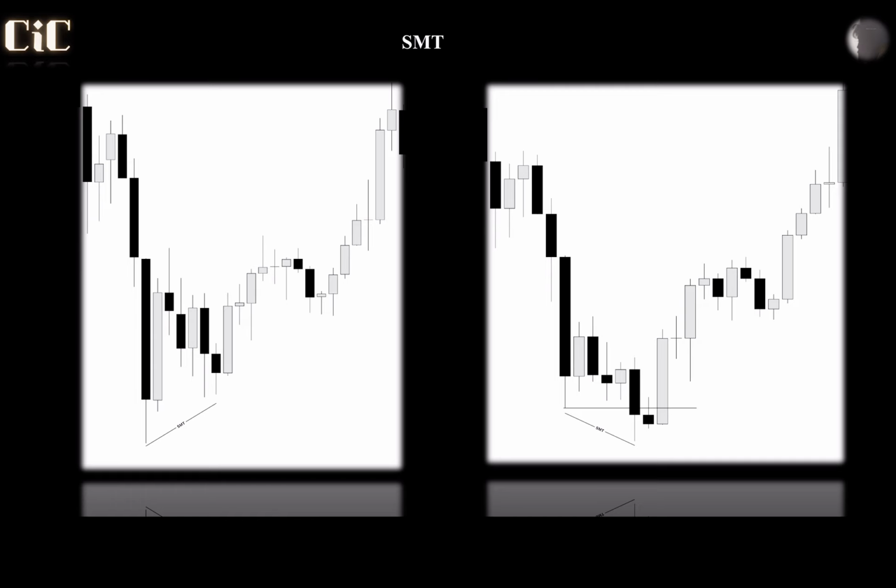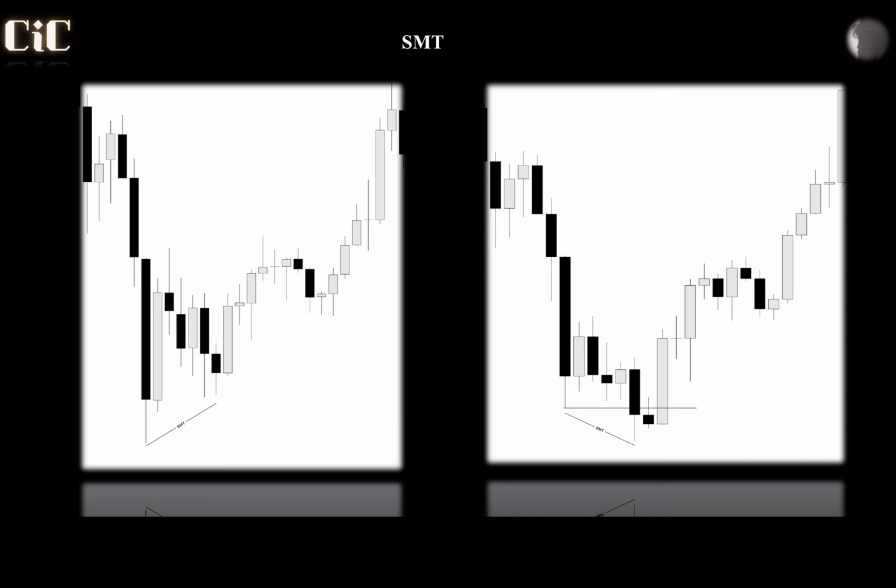To finish off this terminology lesson, which has gone a bit farther than I wanted, SMT. Now, SMT is when one asset class takes the low, the CRT low, and the other asset class doesn't take the low.